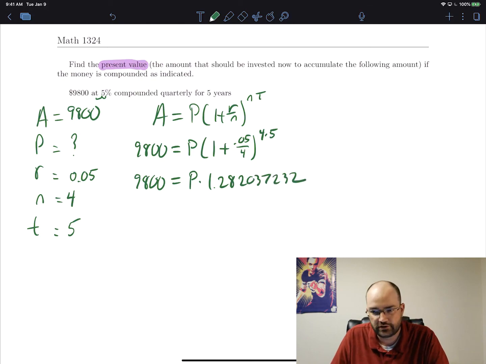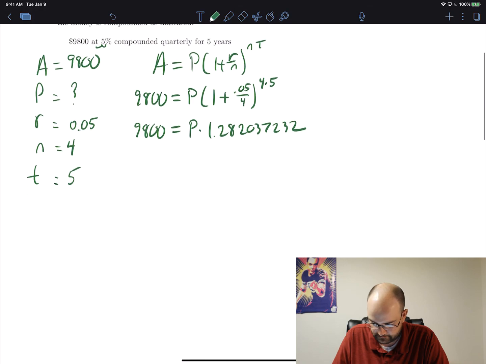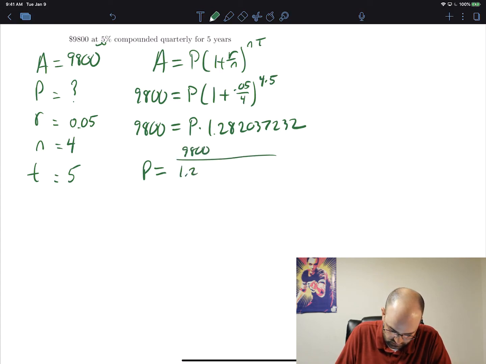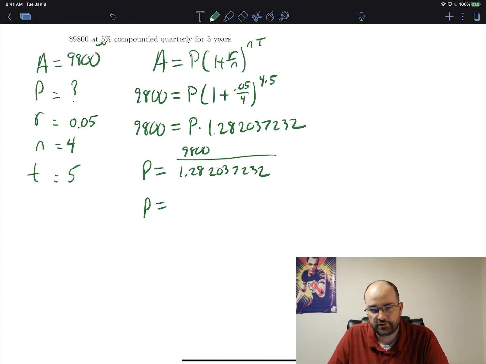1.282037232. You really don't want to round anything. And then, of course, divide by the 1.282037232. And so P is going to equal whatever that is. Now, 9,800 over 1.282037232. If you type that into the calculator, you don't have to type in that entire thing. Just type in 9,800 divided by, and then second negative.